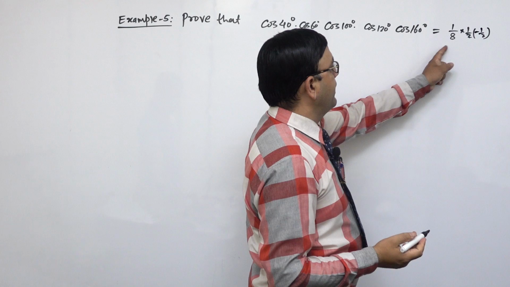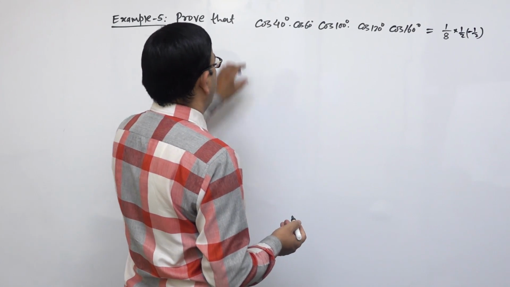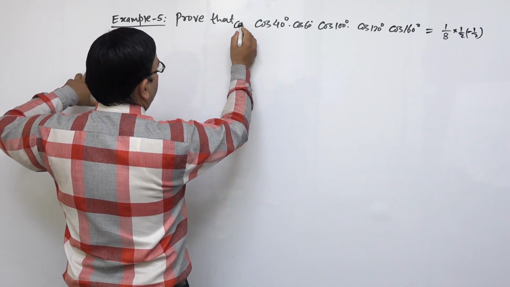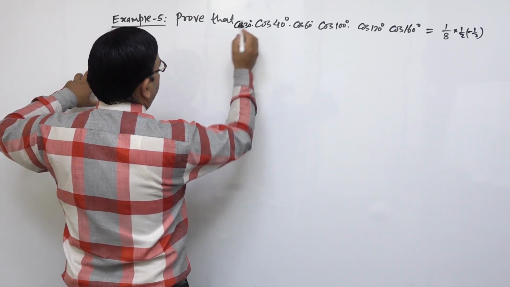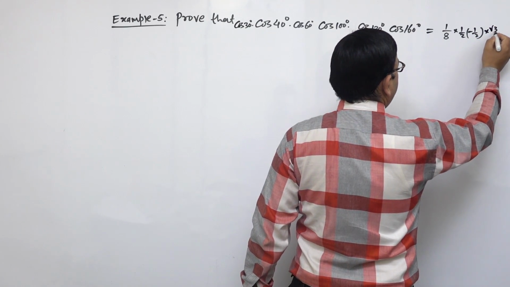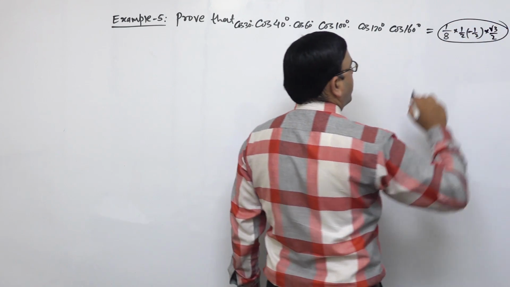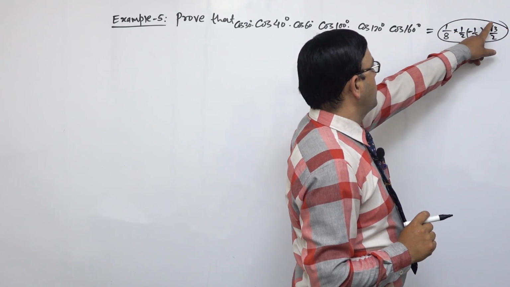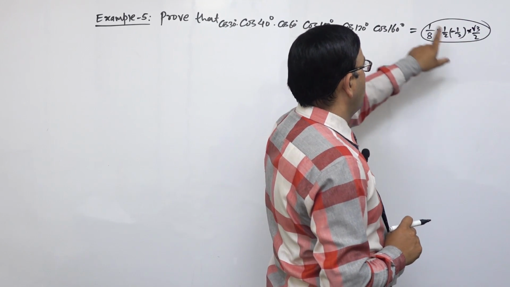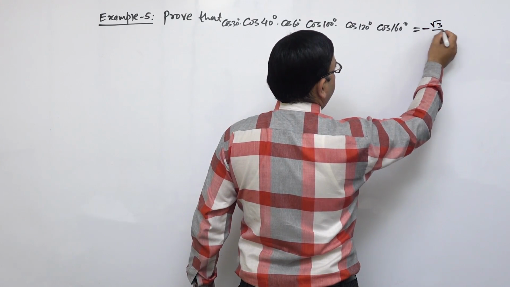So 1 by 32. If you want to add another value, cos 30 degrees, which is root 3 by 2, then by multiplying these all, we will get minus root 3 by 8 times 2, 16 times 2, 32 times 2, 64. So minus root 3 by 64.